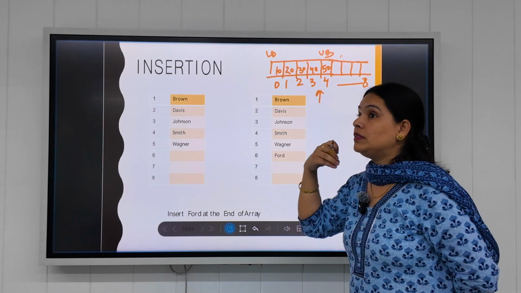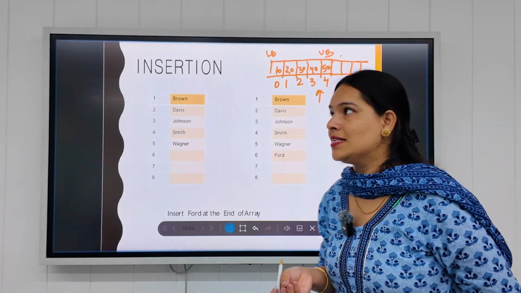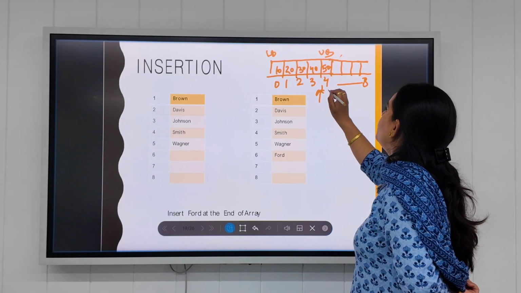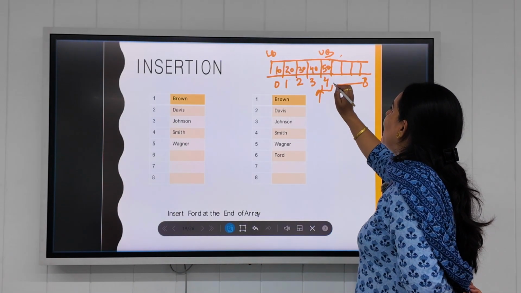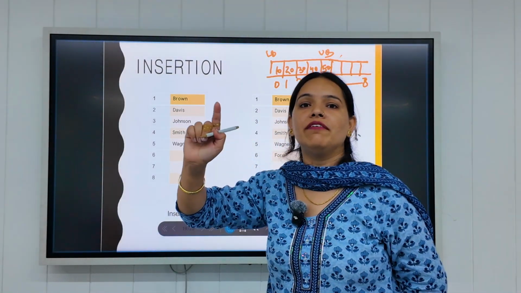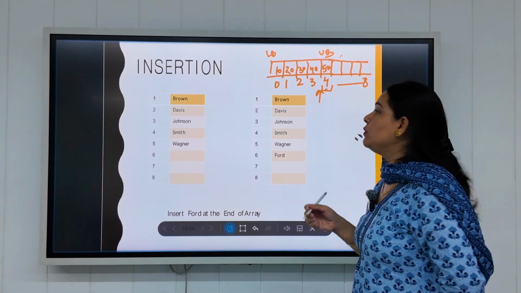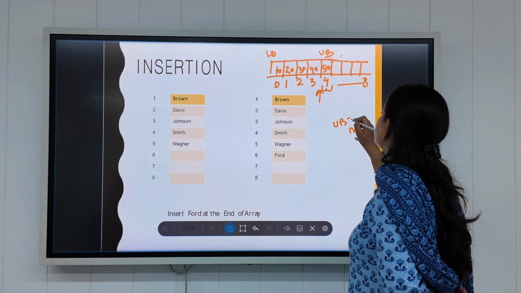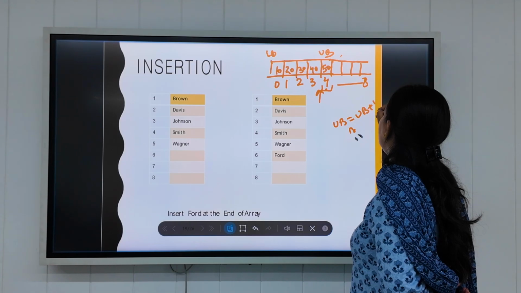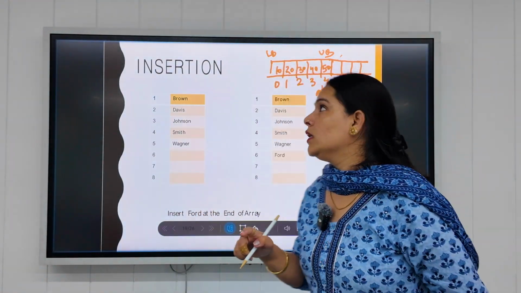And for insertion at the end position, it is a very simple process. We will add the data at the index plus 1. If I have the upper bound at the fourth location, we will update the value of UB to UB plus 1 and add the data item at that updated UB.